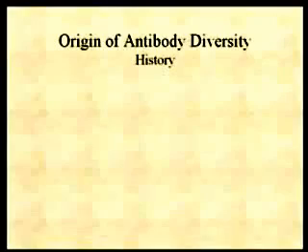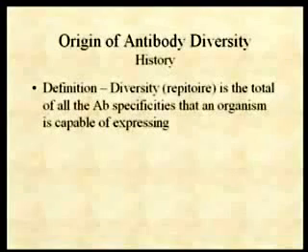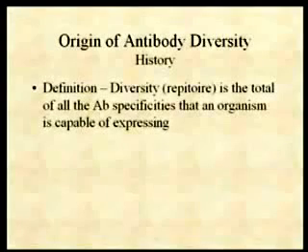Okay. Now I want to talk about antibody diversity. And I'm going to give you, again, a little historical perspective on this, and then we'll talk about how we generate diversity. First of all, what is diversity? Our diversity, our repertoire, is nothing else but the sum total of all the antibody specificities that an organism is capable of making.